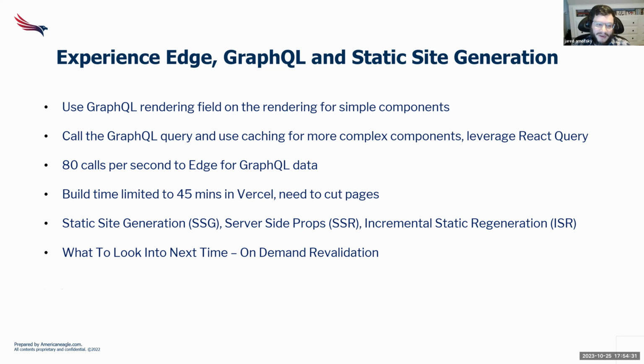So what we did was we modified the GraphQL sitemap service, and you can modify it two ways. You can either say these are the pages that I want you to crawl, or you can say these are the pages I don't want you to crawl. We picked the latter approach.